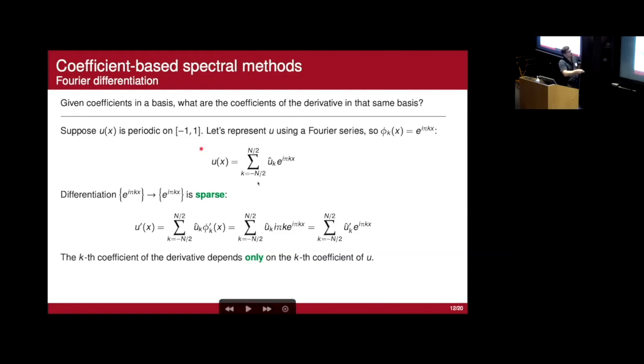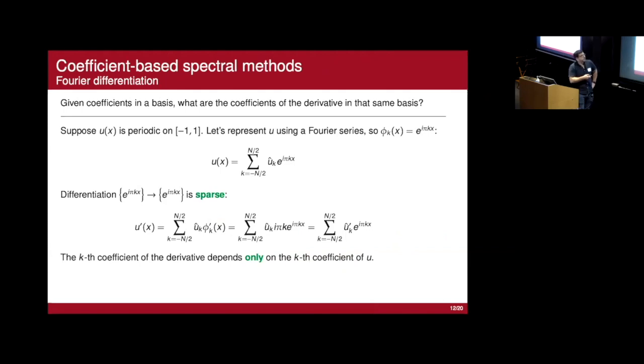The derivative is a sparse operation because if I just substitute in what the basis function is, I take the derivative of each basis function, I get back e to the i pi kx times a prefactor i pi k. And so the coefficients of my derivative are just the coefficients of my original function times i pi k. And so this is very nice. The kth coefficient of the derivative depends only on the kth coefficient of the original function.